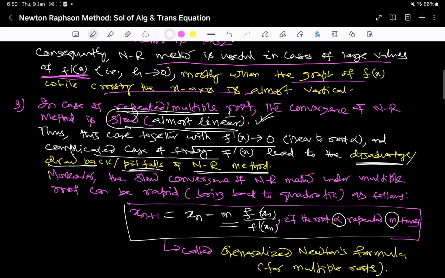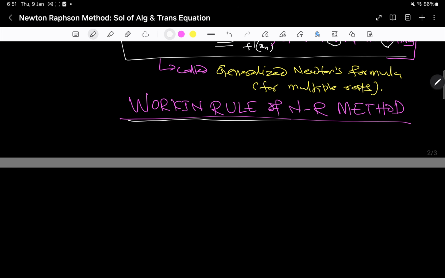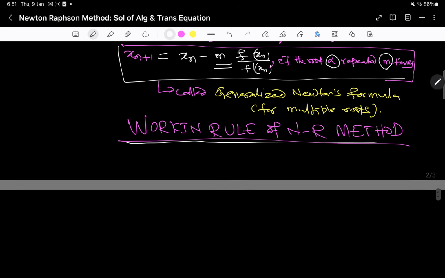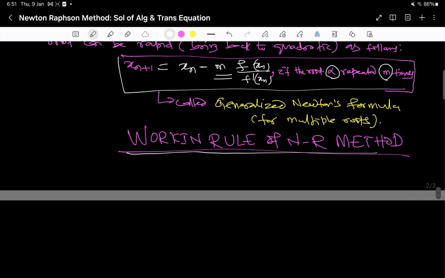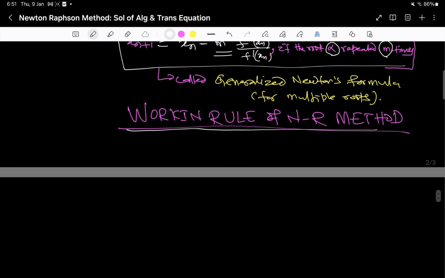Now let me describe the working rule, followed by 2 examples. Coming to the working rule, as I discussed before, the NR geometrical interpretations and the remarks are for deep learning. Now to simply apply the NR method, we have the following working rule. Consider the given equation f of x is equal to 0.